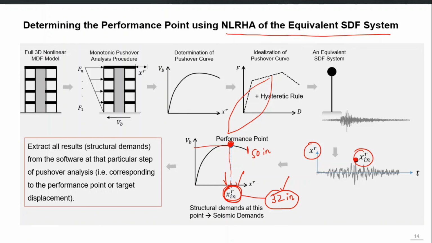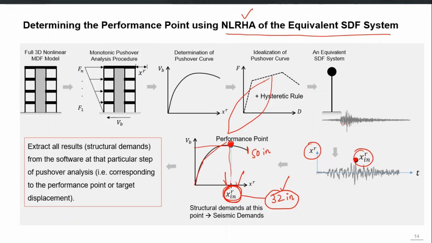Actually, all of the methods require the properties of this pushover curve to calculate this displacement. For example, in the displacement coefficient method you need to have a bilinear idealization of this curve. So you have to have this full curve first in order to calculate it. Similarly, in this particular third method, which I am discussing in this slide, you don't know what the peak roof displacement will be before performing the time history analysis.